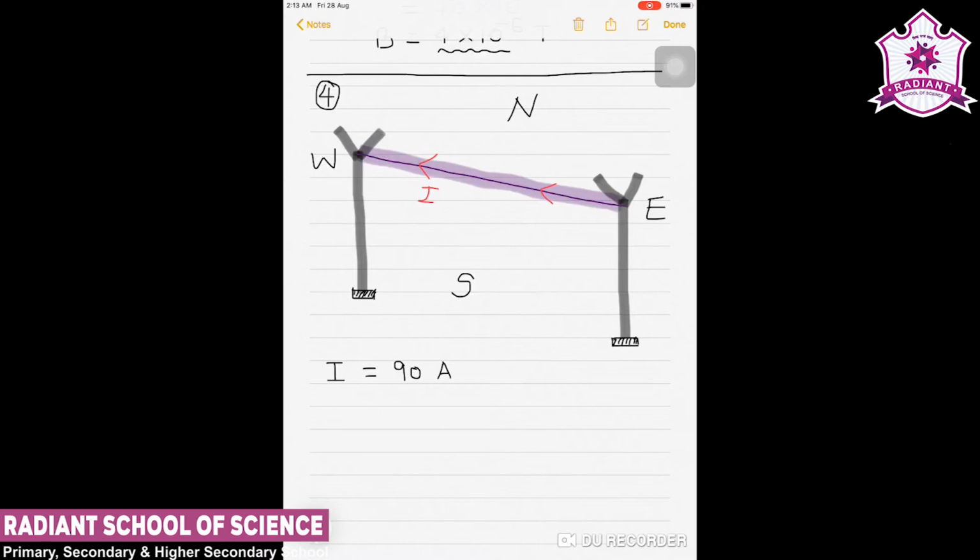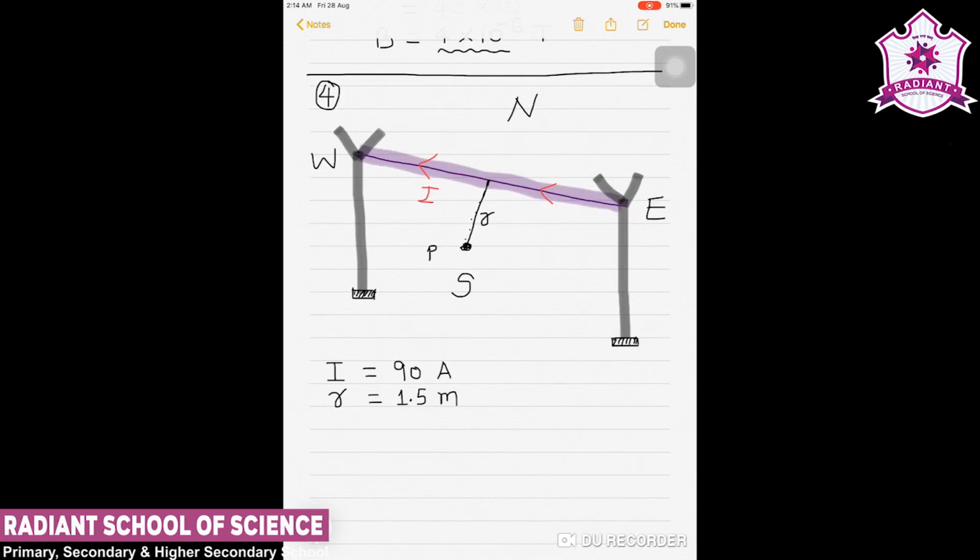Now what is the magnitude and direction of the magnetic field due to the current 1.5 meter below the line? So exactly below this line, if we go 1.5 meter away from it, say at this point P, which is at distance r, and r is 1.5 meter below the wire, we want to find the direction and magnitude of the magnetic field.